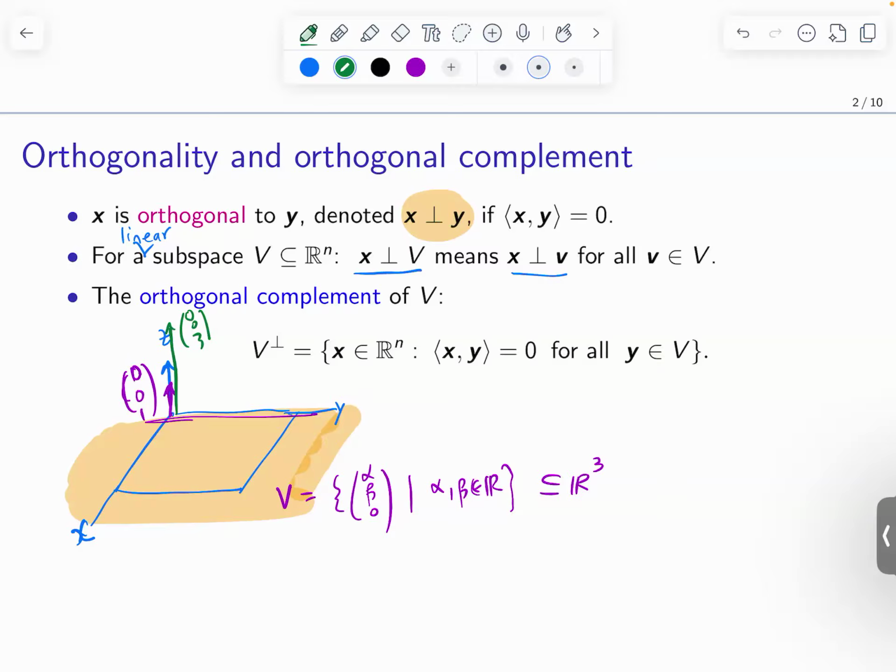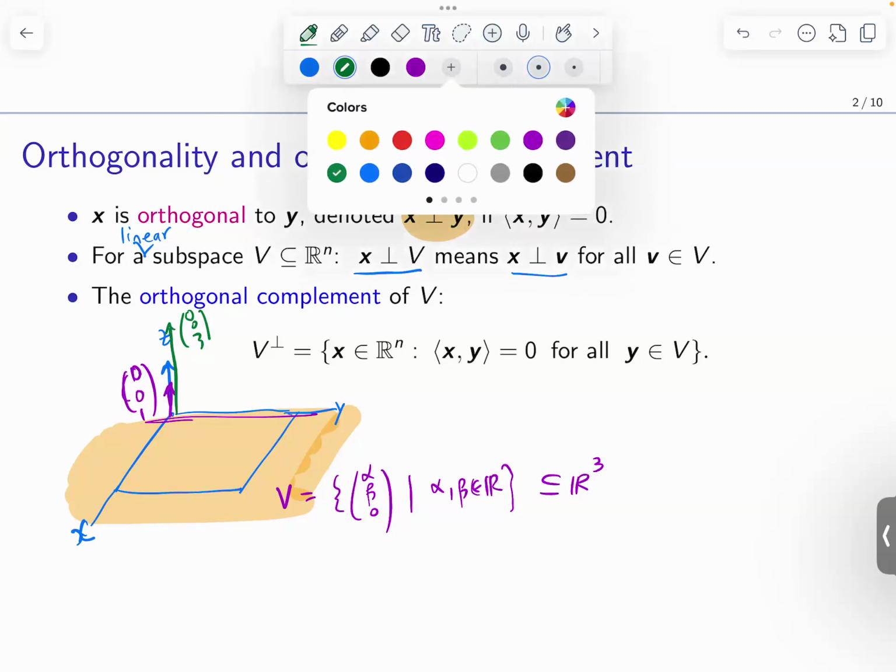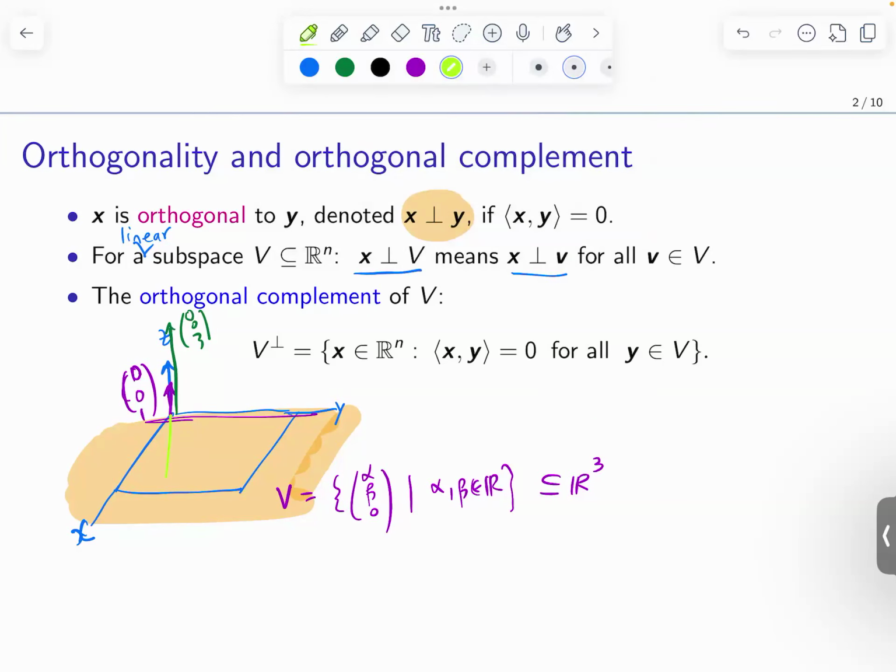Is it clear? The reason is if I pick another vector here, let's say I pick something like this, the angle between this vector and any one of these vectors is going to be 90 degrees. It's easy to see algebraically: if you take the inner product of this one and any vector here, 0 times alpha plus 0 times beta plus 1 times 0 would be 0.